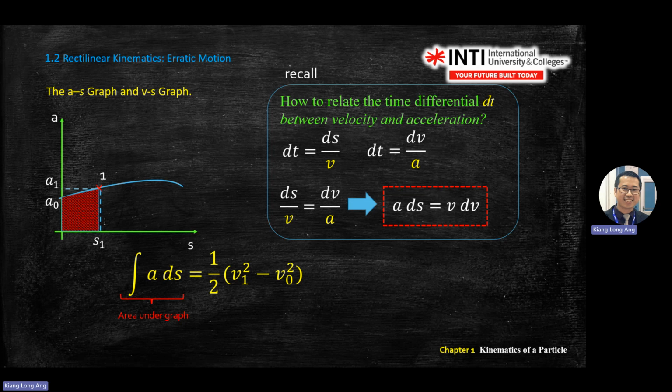You look at the graph. This graph is an A ds graph, the AS graph. When you integrate something, you always get the area under the graph. So the left-hand side is the area under the graph. The right-hand side is velocity, the square of velocity.